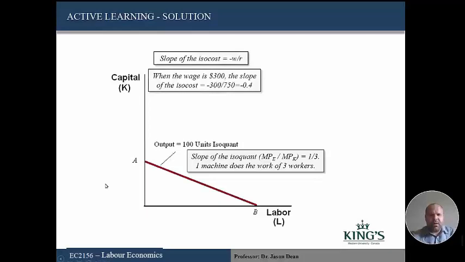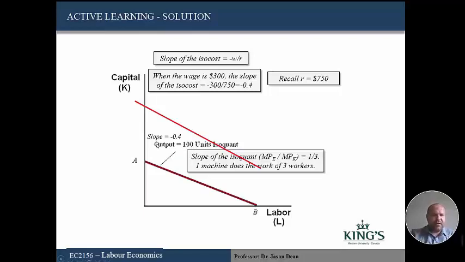So we know the slope of the isocost line because we're told the relative prices. In A, when the wage is 300, the slope of the isocost line is equal to -0.4, which is 300 divided by 750. Now this slope in absolute value is greater than the isoquant's. So here is the isocost line, with a slope of -0.4, and in order to produce 100 units, we want the minimum cost.